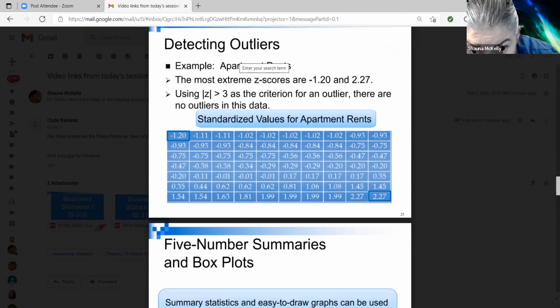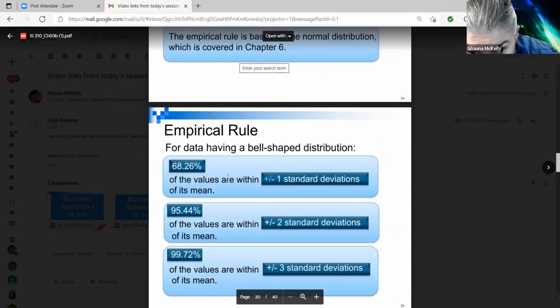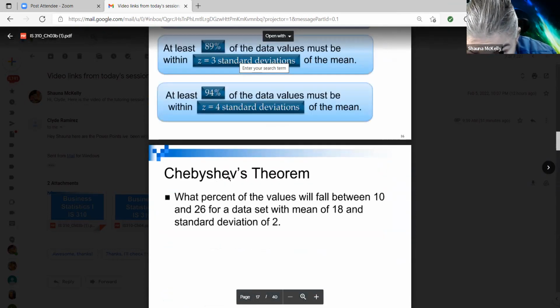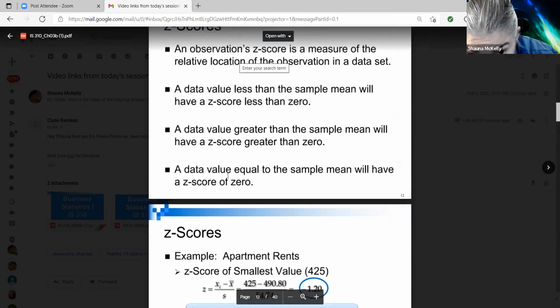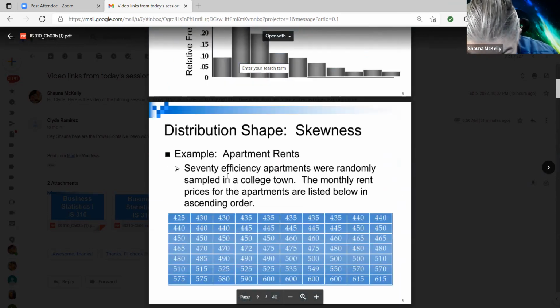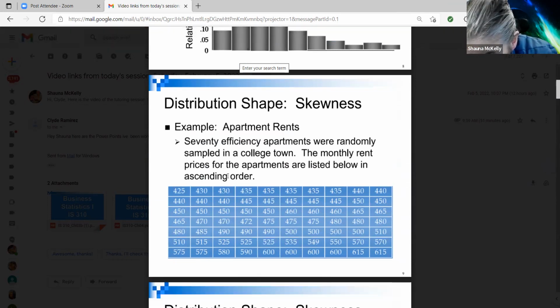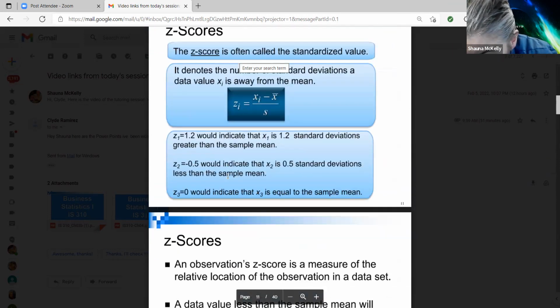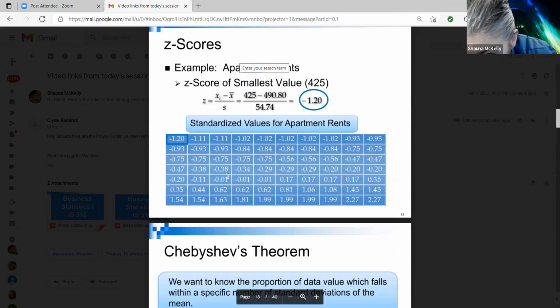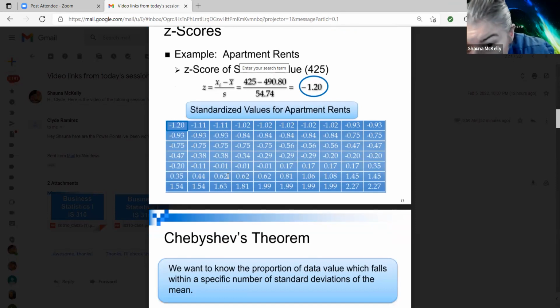She's talking about the apartment rent data. So she's talking about the data that's up here that she converted to Z-scores. Okay, so she did all those calculations all those times. Score minus, she did this calculation here on slide 13. She did this calculation for every single rent.